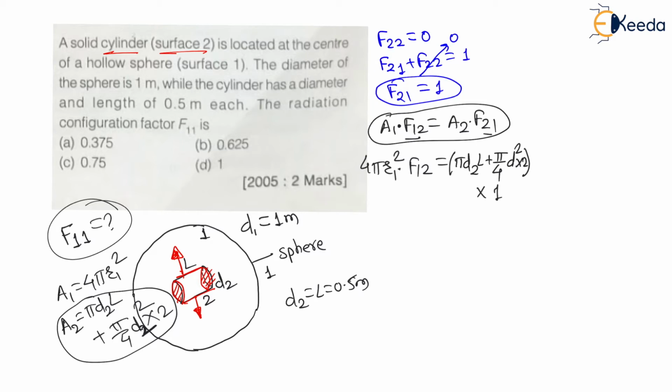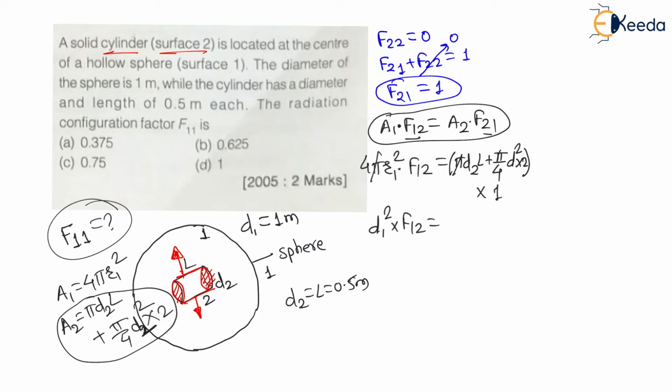So let us put the values here. 4 pi r1 square, and 4 r1 square is nothing but d1 square. Pi will get cancelled from both sides. It will become d1 square into F12 is equal to, now here L is equal to d2.